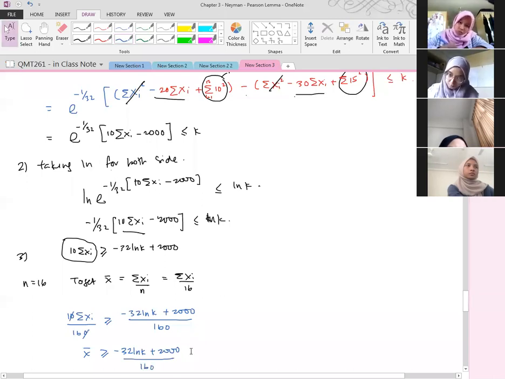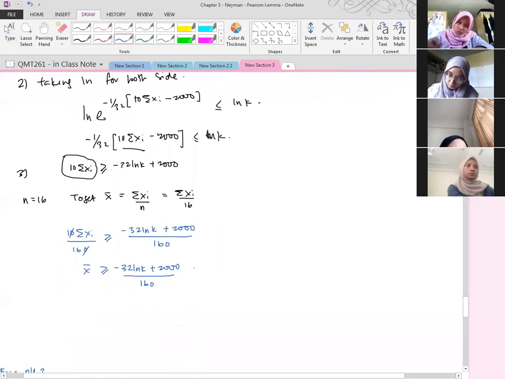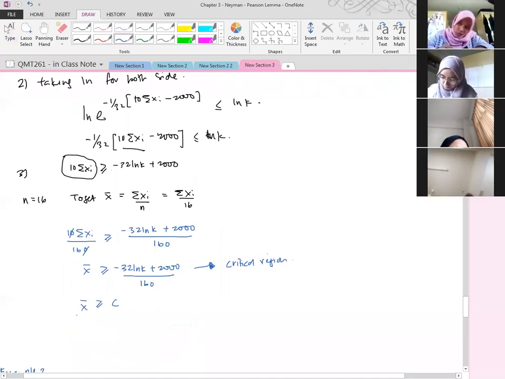So this is your critical region, this is your C. Now we can say that x bar is more than or equal to C. That's how we find the critical region.